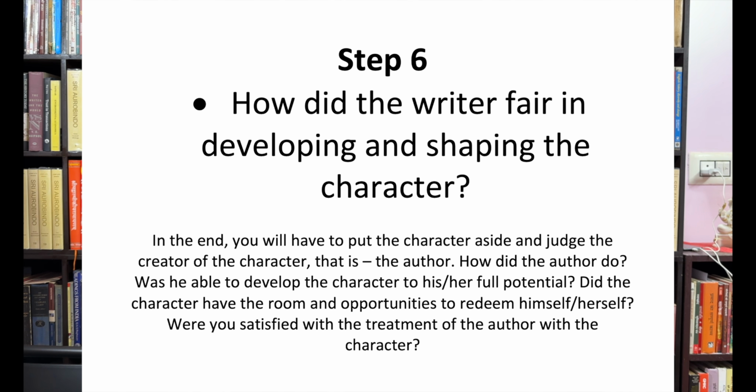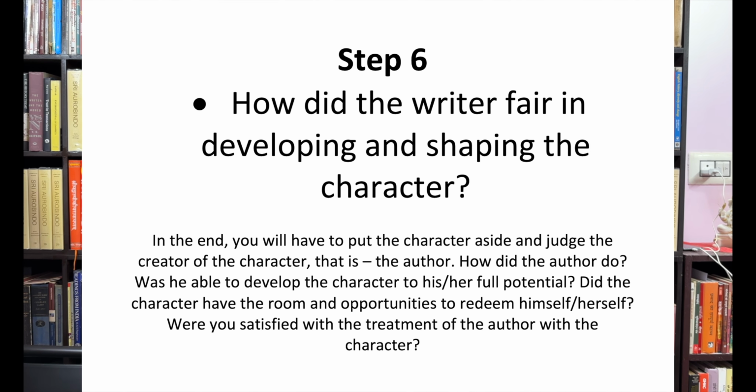Is the character changing with the course of actions, or is the character rigid even after the end of the work of literature? And after that, you will put the writer's success or failure in giving that particular character a space for being fully developed, or just being the same as you notice the character in the first appearance.